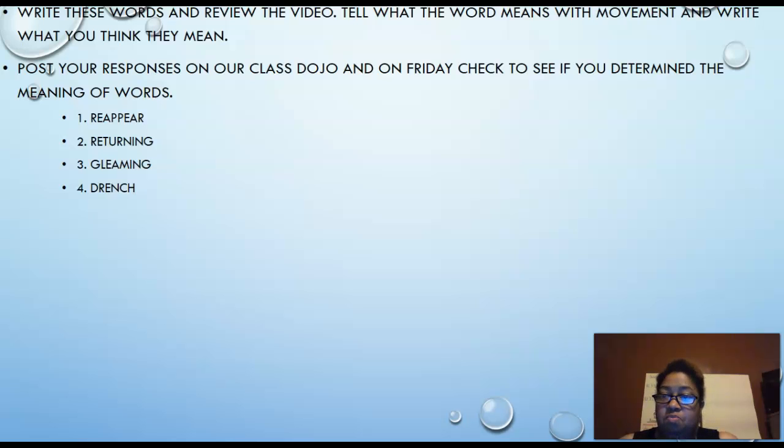You can do it with movement, and you can also write them down. And do it with your parents. Have them sit with you and go through each of those words in the video. I want you to post your responses on Class Dojo. And then by Friday, I'll post what each of those words means as they were used in the text.